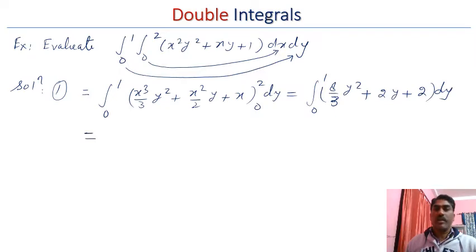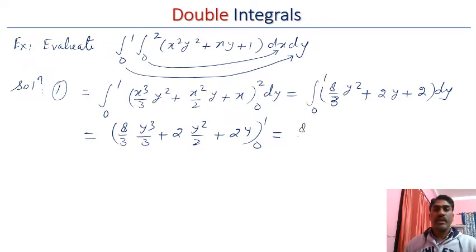Now you integrate with respect to y. So this is 8 by 3 y cube by 3 plus 2 y square by 2 plus 2y, and the limit is 0 to 1. So the final answer: upper limit is 1 and lower limit is 0, so all terms will vanish at the lower limit.